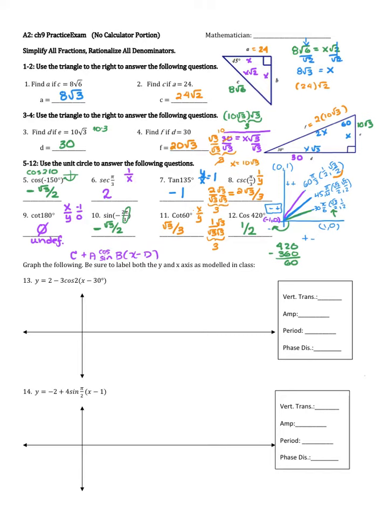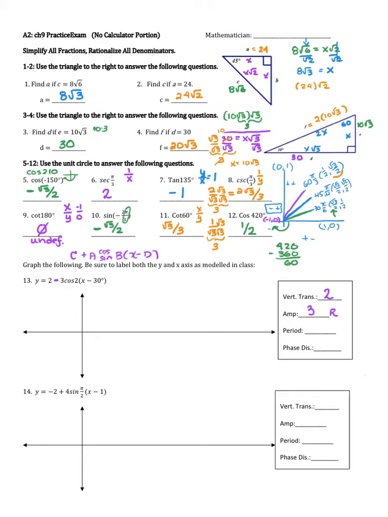So C, which is our new sinusoidal axis, for this one will be 2. The amplitude is a positive 3, but this actual graph will be reflected because of this negative. So I like to, don't call the amplitude -3. It's still positive, but it will be a reflection.